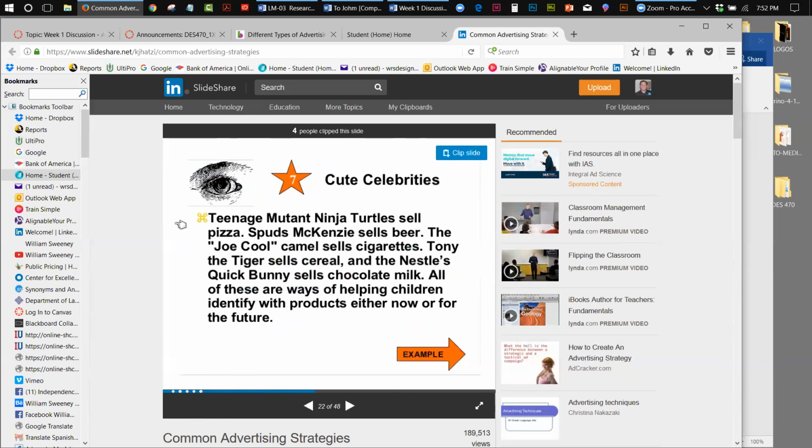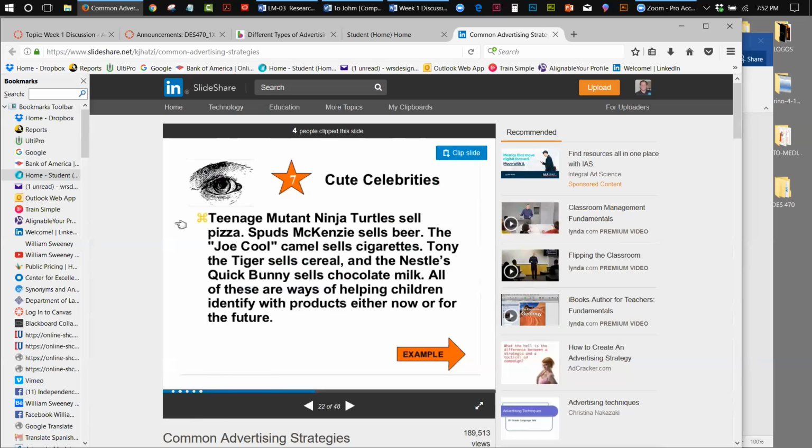Tony the Tiger, there's another one that goes back, geez, that one goes back probably as far back as either the early 60s or the 50s. It might even go back to the 50s. I just don't exactly remember the timeline on it, but that's what the internet's for. If you want to look that up, you could look it up and see. But Tony the Tiger has been around for a very long time. The Nestle's Quick Bunny, I think he's been around for a while too, probably from the 60s, I would think.